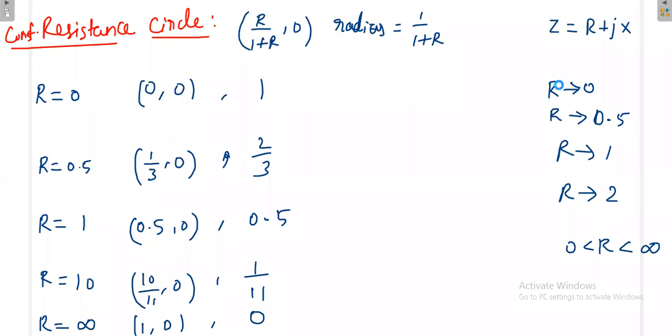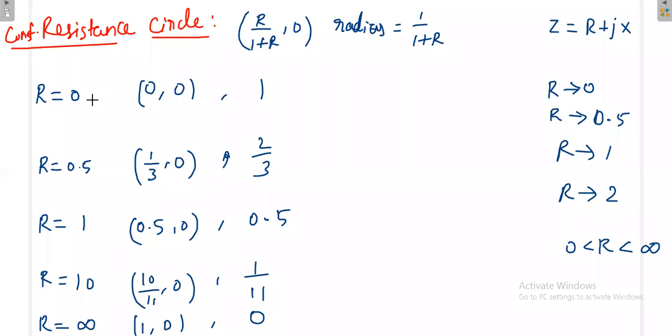So first, I take the first one, 0 comma 0. One thing is very clear here: whatever your R is, you keep on increasing R, but what is the maximum radius that you are getting? The maximum radius is 1.